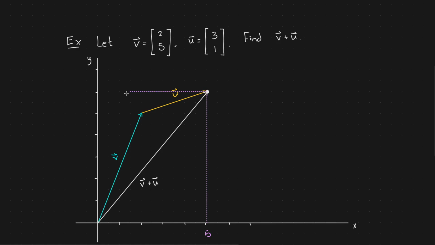And the y component here is 1, 2, 3, 4, 5, 6. Okay? So drawing it out, we see that v plus u is equal to the vector with components 5, 6.